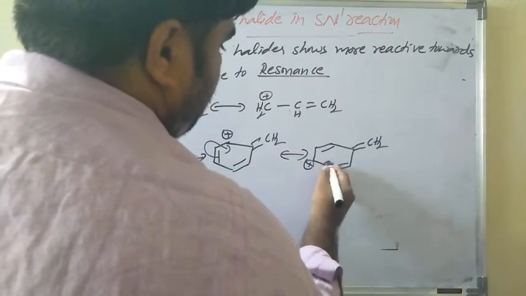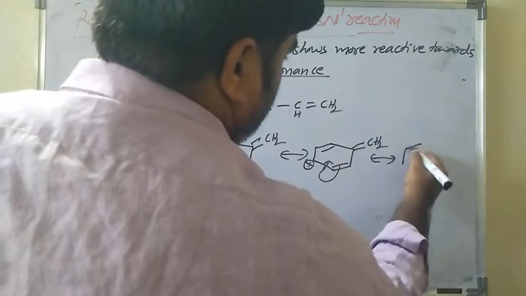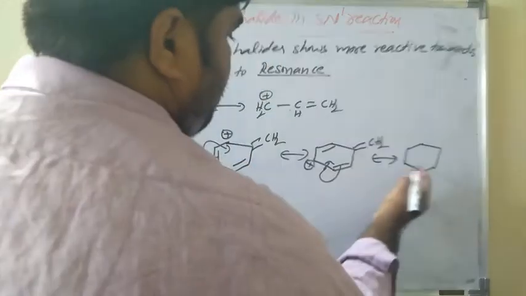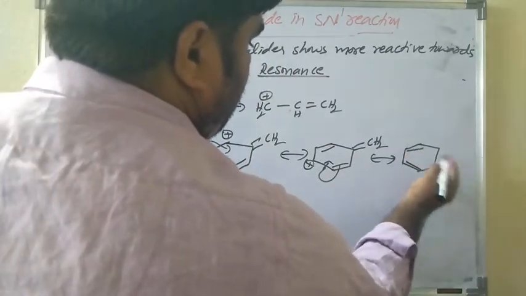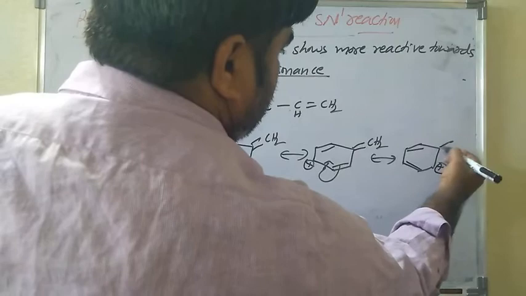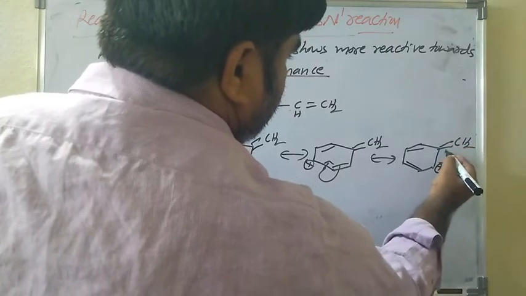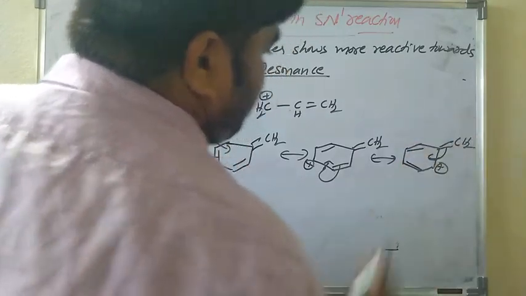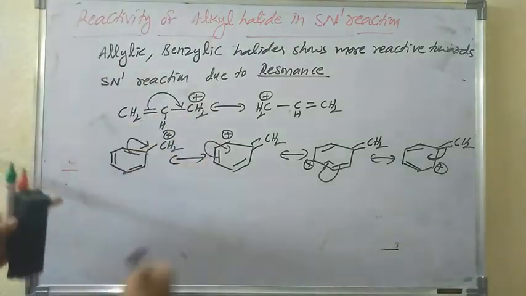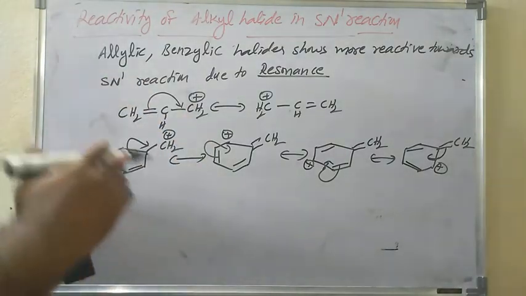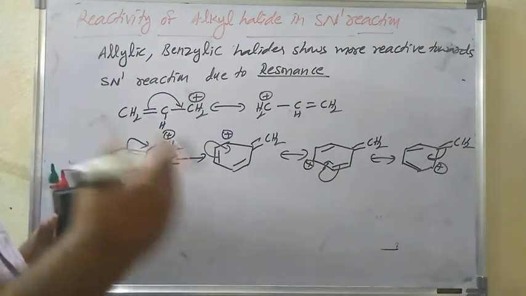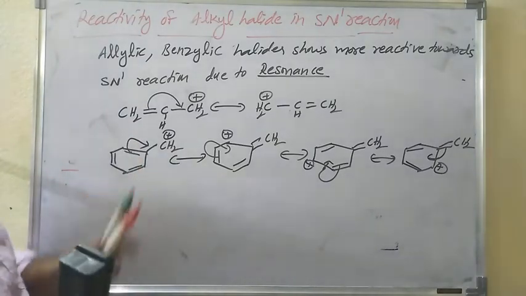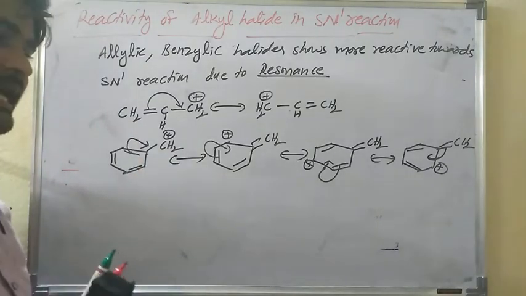This bond shifted to here, here is positive charge, double bond CH2. Then this bond shifted to here, here is getting positive charge. So due to resonance structures, allylic and benzylic halides are more reactive comparatively than tertiary alkyl halides.